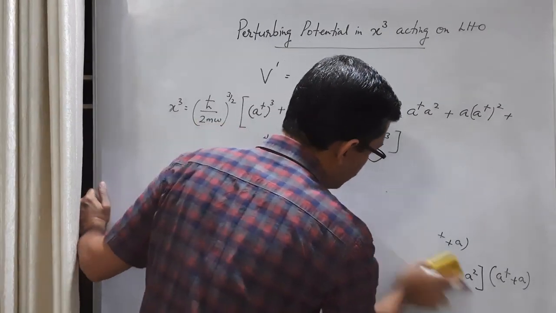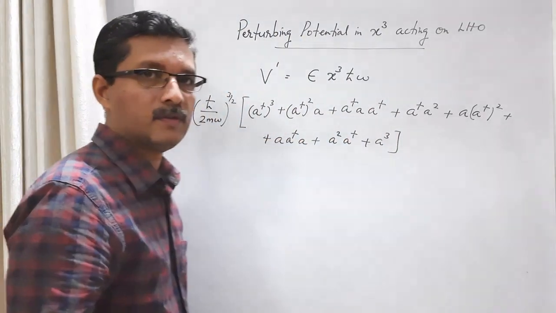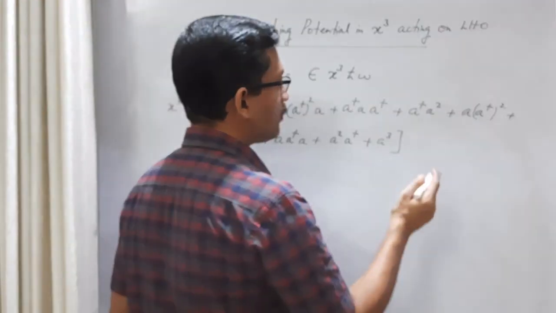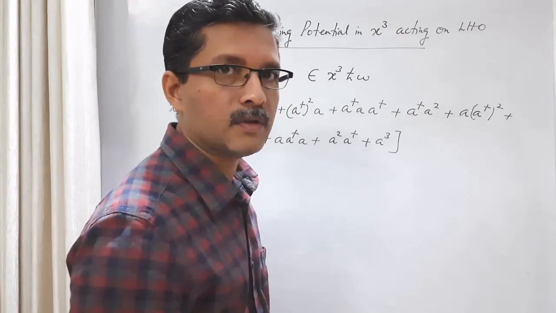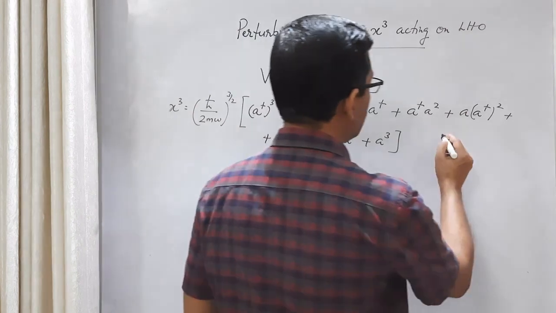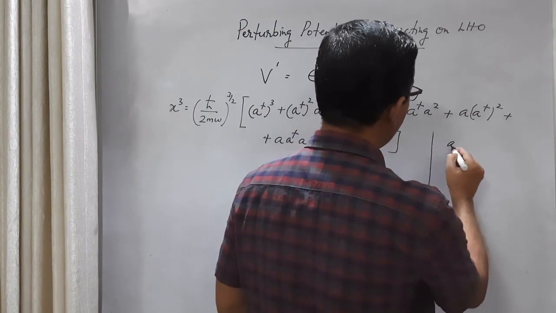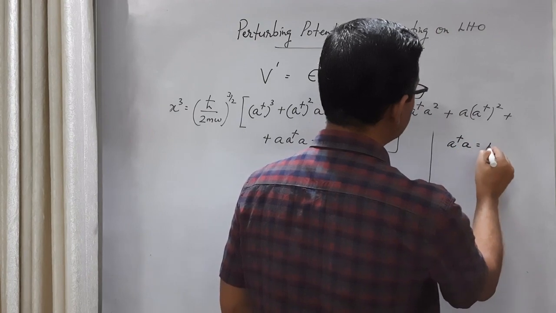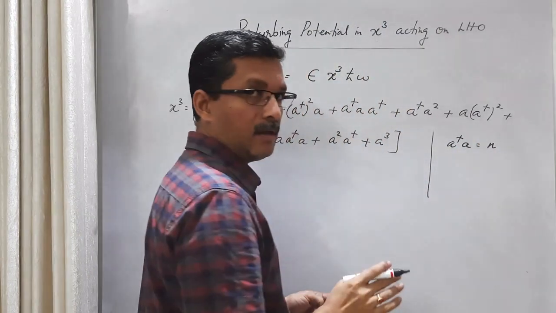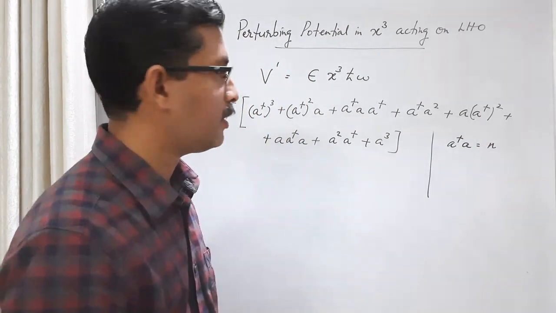Now what I am going to do is rewrite these terms in terms of the number operator. So what is the number operator? From the theory of the linear harmonic oscillator using the Dirac method, we have a dagger a defined as the number operator n. I am not using the operator symbol, treat it as an operator.